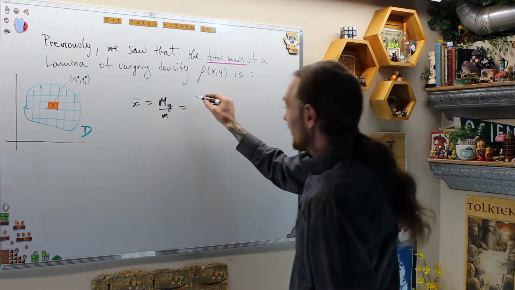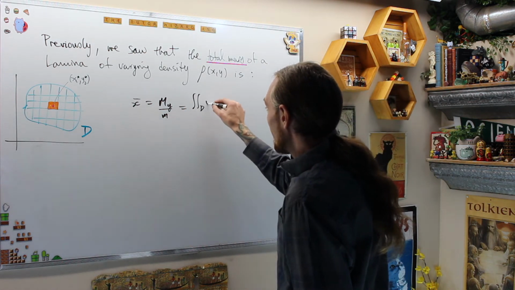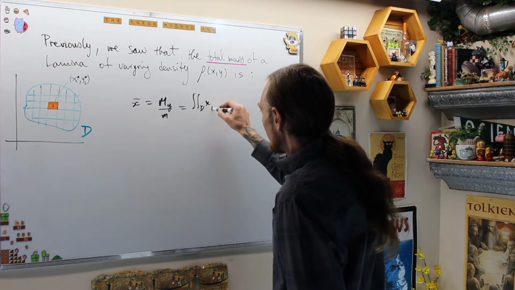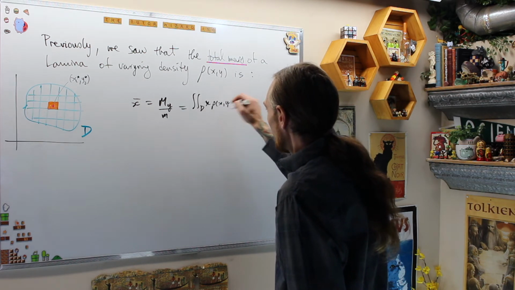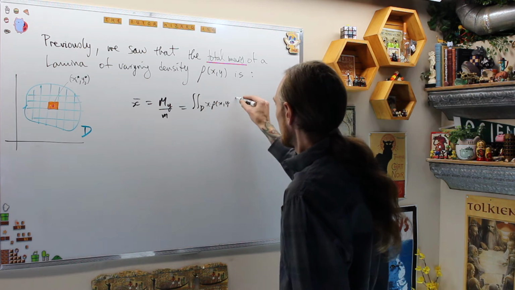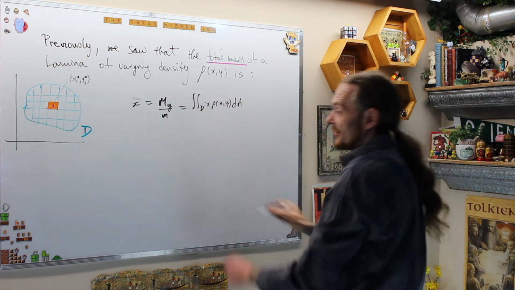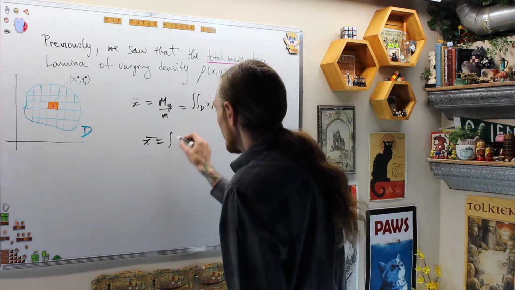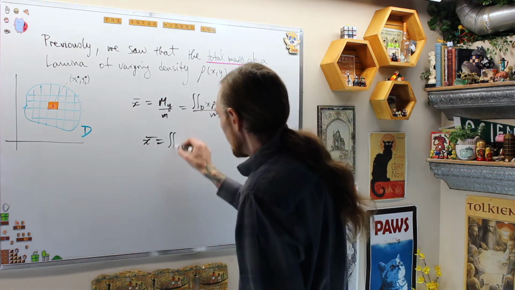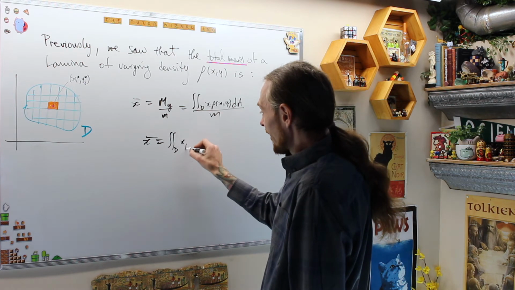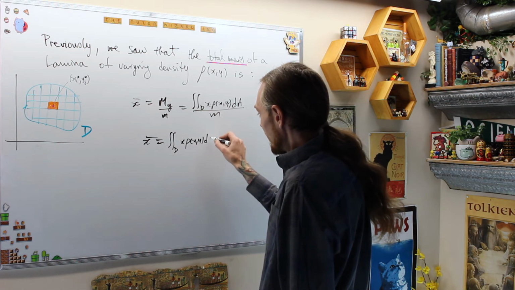Then it's the double integral over D of x rho(x,y) dA. And so the x and the x matches, so I like to write this as x bar equals 1 over m, the double integral over D of x rho(x,y) dA.